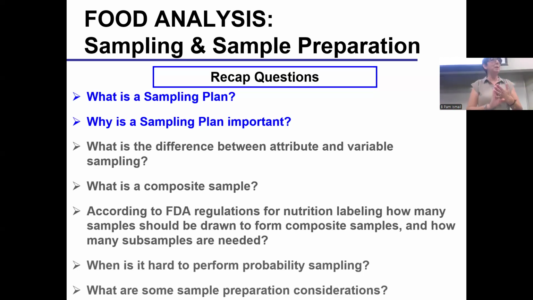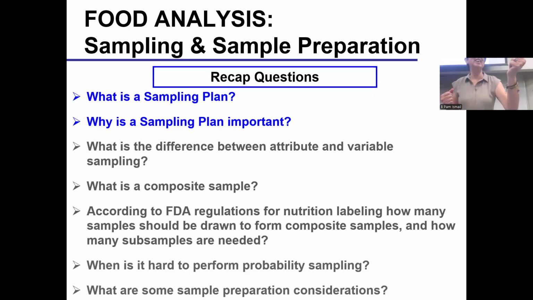Yes, Mary. Sample size. How many samples I need to take out so that I have enough representative samples of the entire population? Okay, so how to get the samples, how many samples, what else is important? Sample prep.